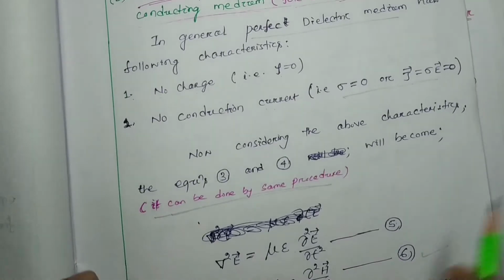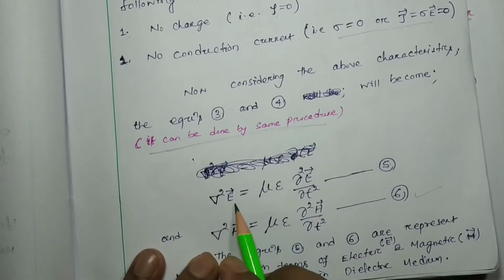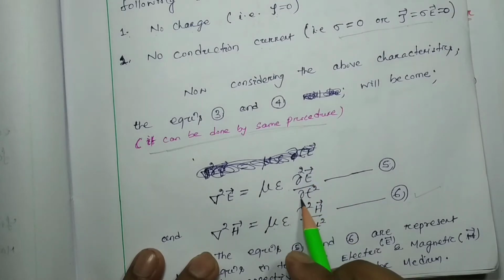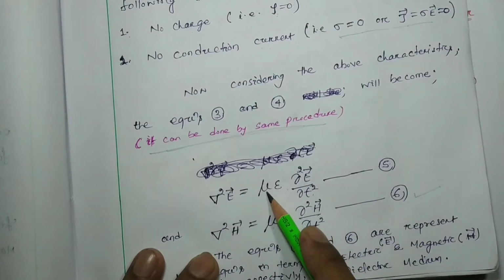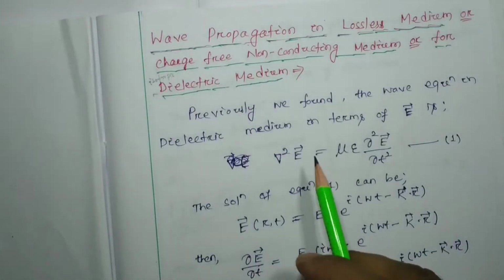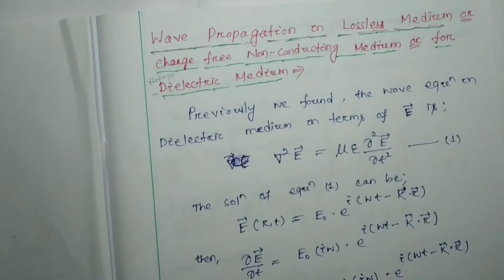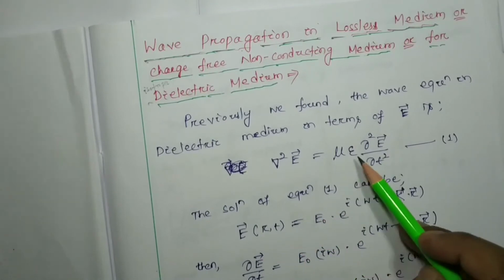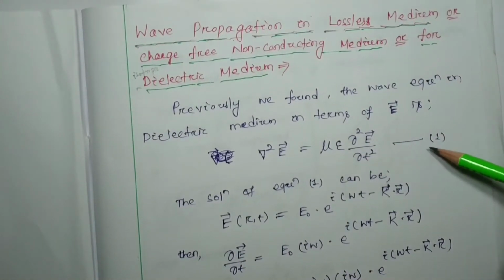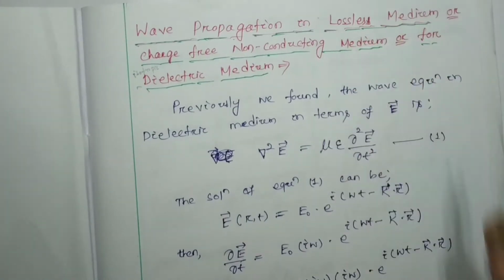After we discussed the dielectric medium, or charge free non-conducting medium, we found del square E equal to mu epsilon del square E vector by del t square, where mu and epsilon are the permeability and permittivity of that medium. Let this be equation number 1 for this topic.